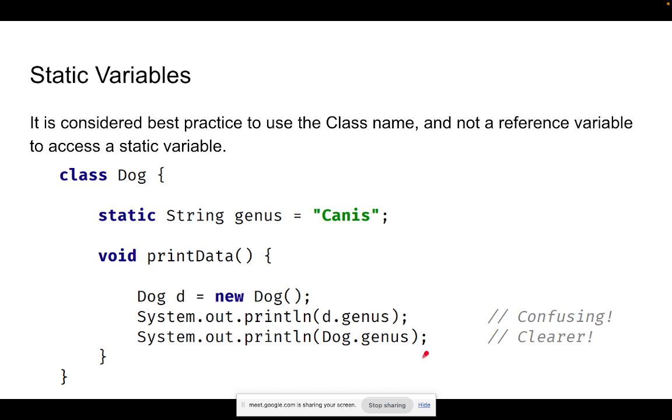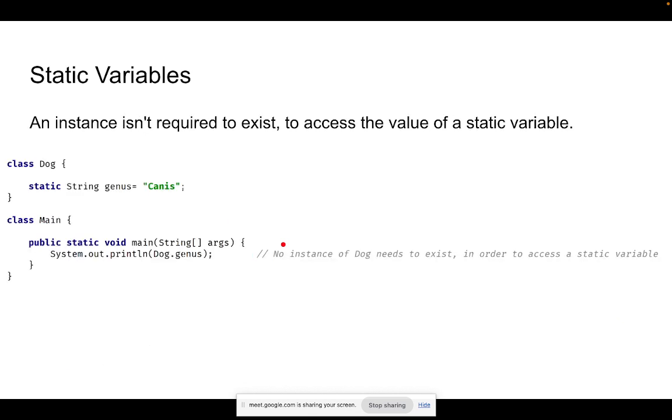But it's usually a practice to use the class name, not the reference variable, to access a static variable. When you use the class name dot the variable name, it signifies that the variable is static.